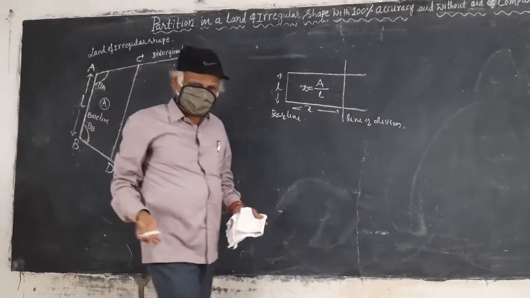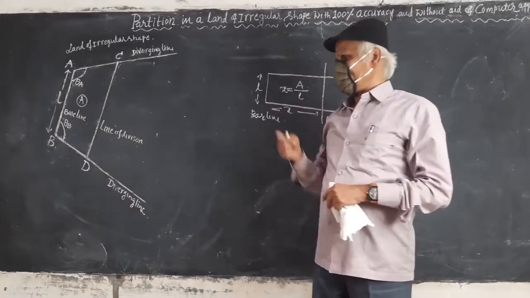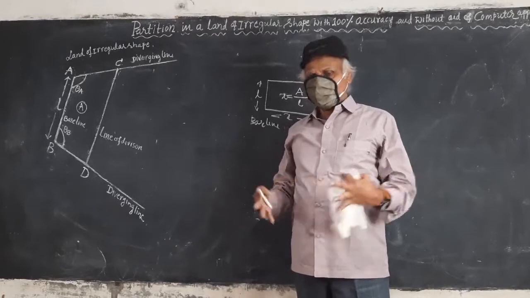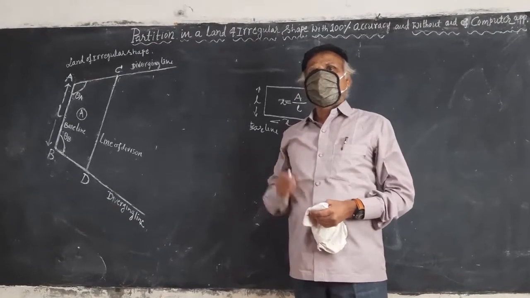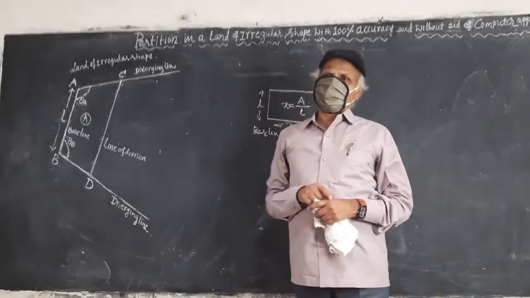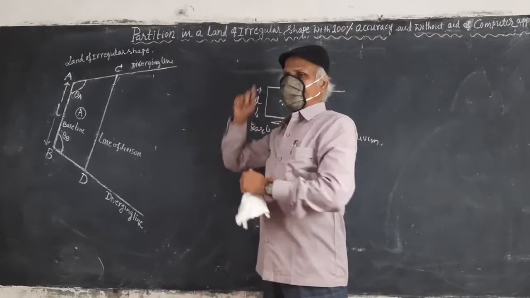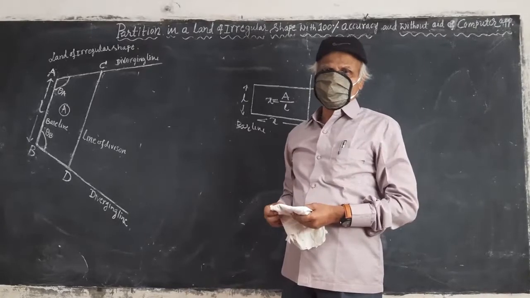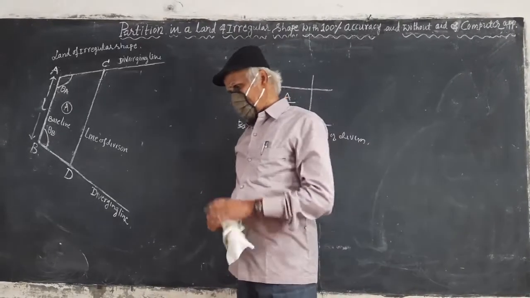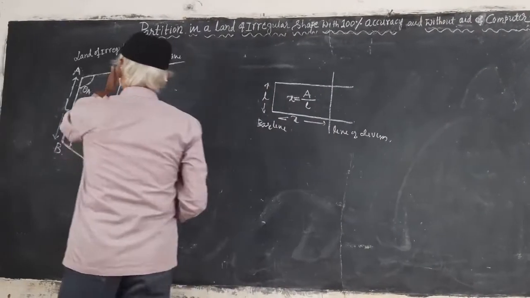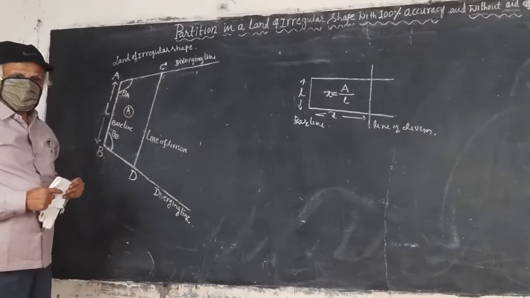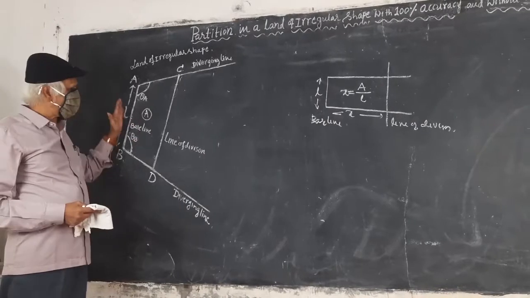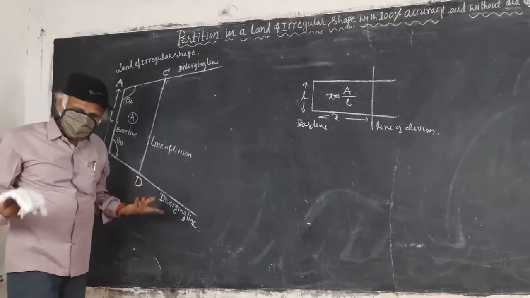But in reality, the situation is not so simple. The difficulty lies in the fact that the width of the quadrilateral is not uniform. It increases progressively as we move away from the baseline.